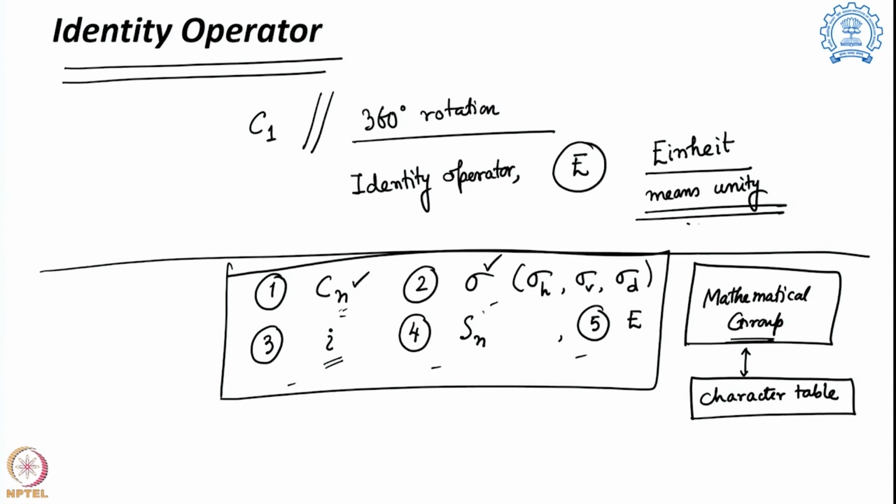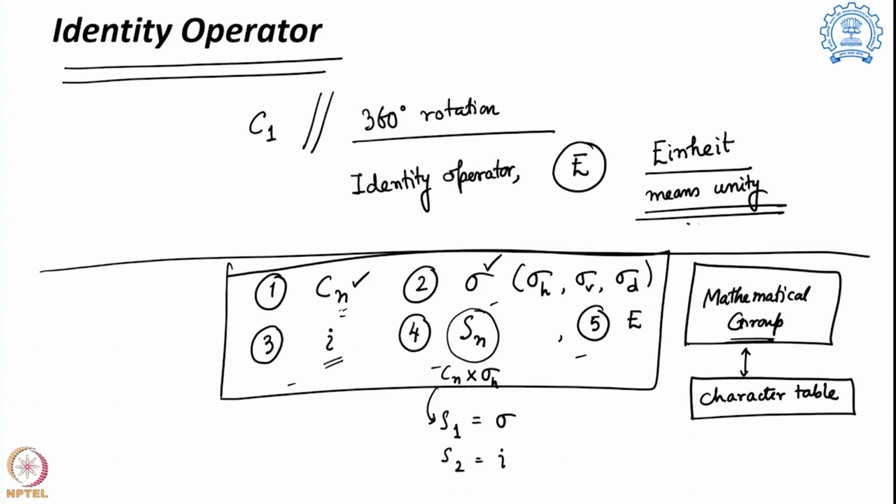Then comes this improper axis of rotation or Sn, which covers two sets of symmetry operations. First, a rotation around an axis, that means basically Cn, followed by a plane of reflection which is perpendicular to the axis of rotation we just did. So it is doing Cn and sigma h together. This Sn axis also gives the corollary that S1 is nothing but a sigma plane and S2 is nothing but a center of symmetry i.